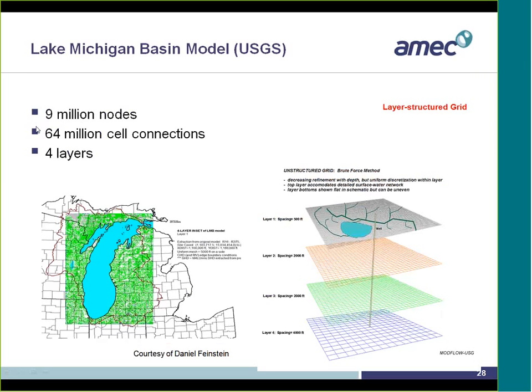The whole grid has 9 million nodes, and they couldn't really have got this finer discretization had they carried it all the way down. The problem wouldn't have even run on the computer. There'll be a paper coming out on this fairly soon, courtesy Daniel Feinstein.